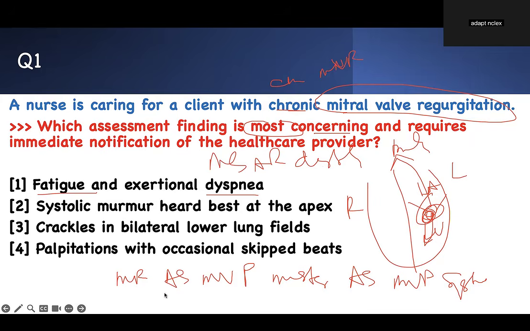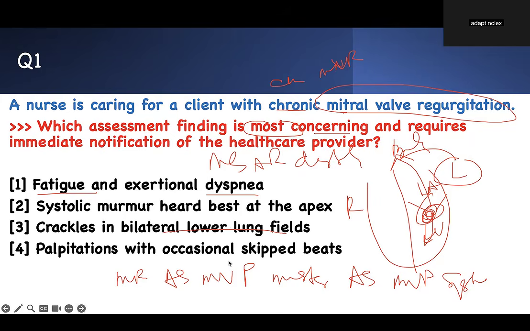That's all. Crackles in the bilateral lung fields, hey, heart failure. If I'm having lung symptoms, it's now an acute problem. Crackles in the lung fields mean blood has backed up and I'm having left-sided heart failure leading to pulmonary congestion. You see it? Palpitations and occasional skipped beats are an expected finding in mitral valve regurgitation.